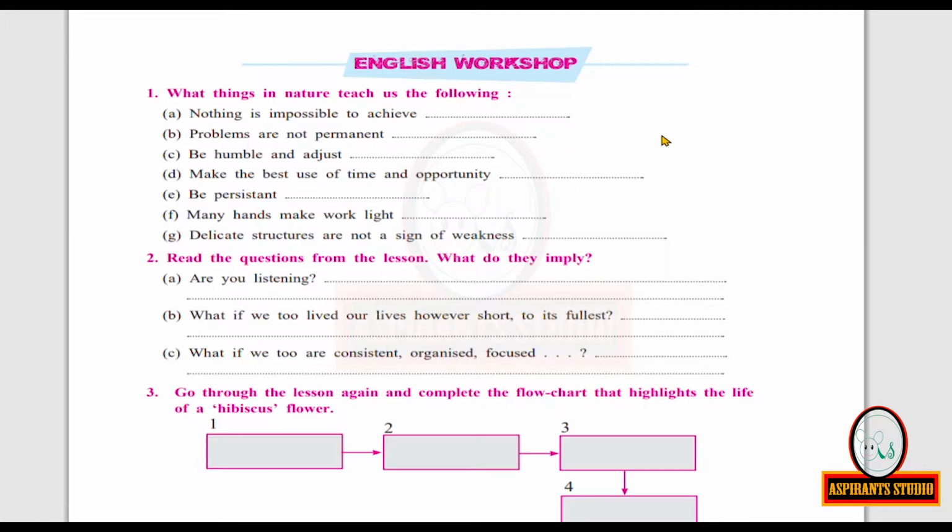Nothing is impossible to achieve. You can write ants, put a comma and write small bits of grass peeping from cracks in the concrete.